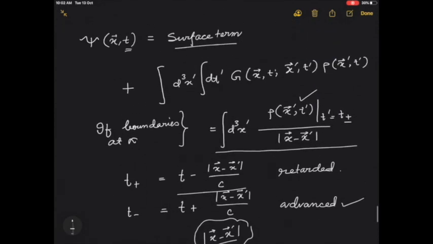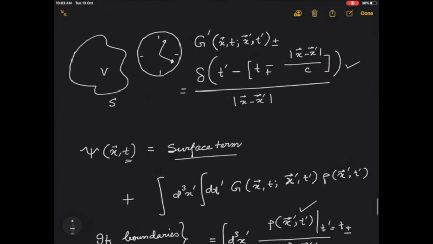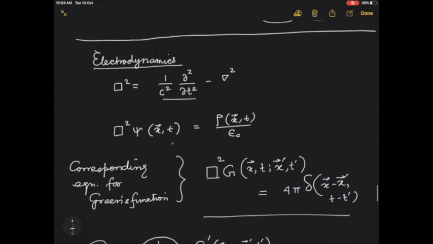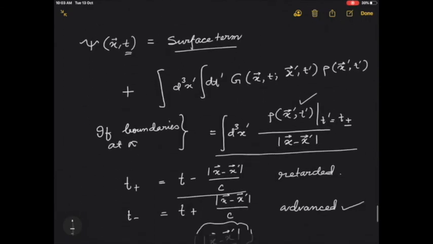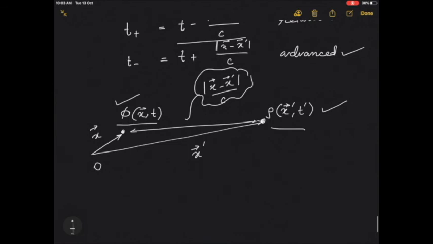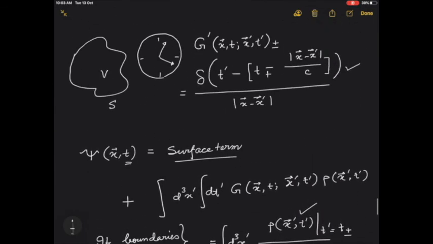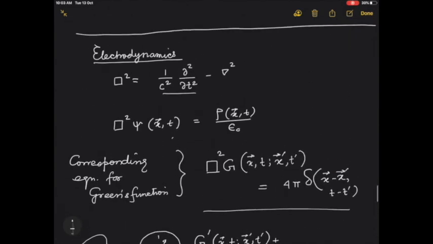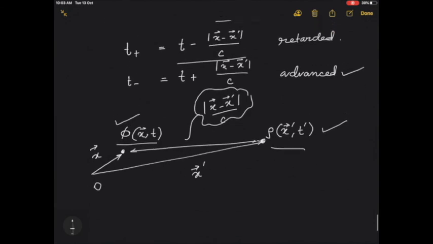So we'll not even talk about it. But this is the meaning of the retarded and the advanced Green's function. Now this can be used now to solve for electrodynamics problem, particularly the problem of propagation, generation and propagation of radiation. But that's it. That's all that I will discuss with you in this course.